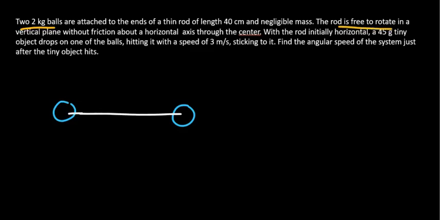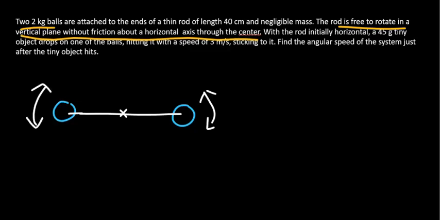The rod is free to rotate in a vertical plane without friction about a horizontal axis through center. So that means the axis of rotation is like this, and the system can rotate like that, or like that. With the rod initially horizontal, a 45-gram tiny object drops on one of the balls, hitting it with a speed of 3 meters per second.